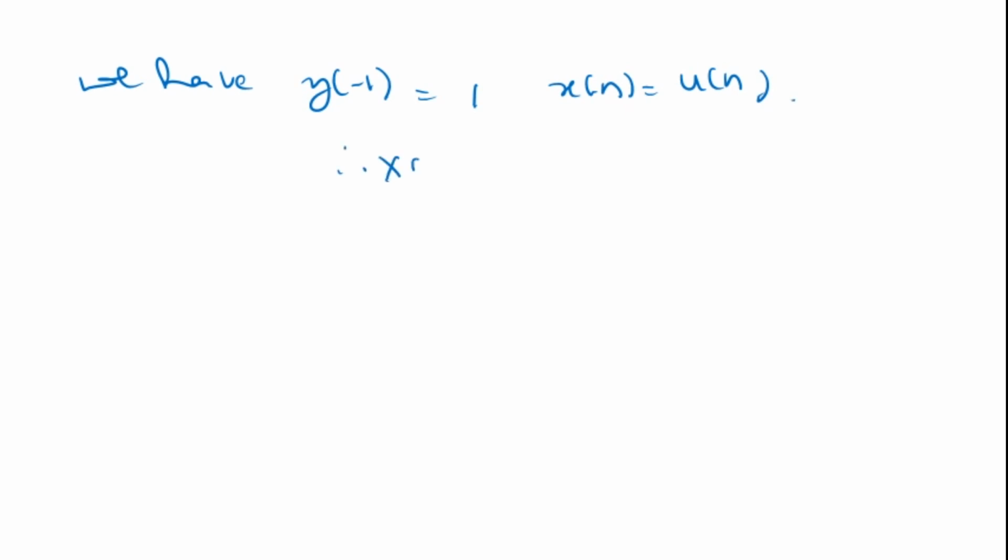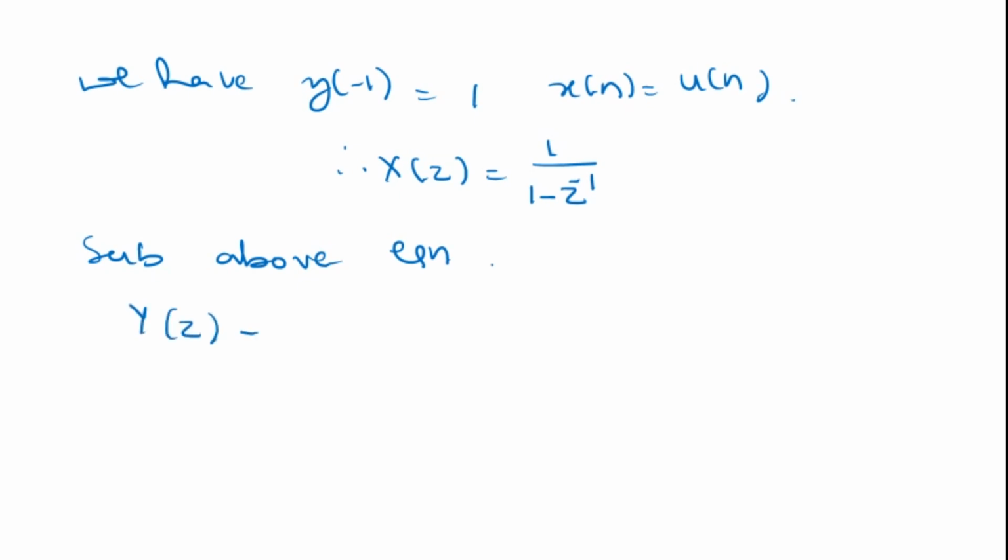Therefore, x of z is equal to 1 divided by 1 minus z inverse. Substituting this in the above equation, we get y of z minus alpha into 1 plus z inverse into y of z is equal to 1 divided by 1 minus z inverse.